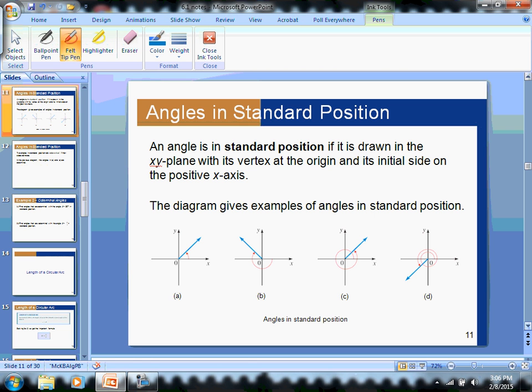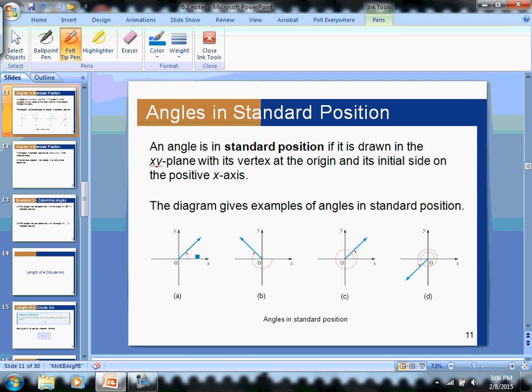Okay, now when we're dealing with angles that are in a standard position, we can draw them on our x and y axis, or on our plane. The vertex for our angle is always going to be at the center, at the origin of 0, 0. And the initial side is always going to be the right side, or the positive side of the x-axis.